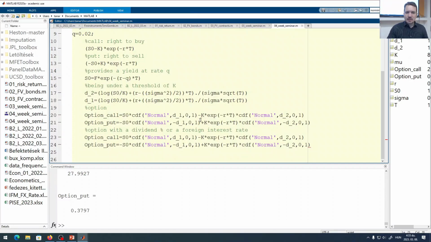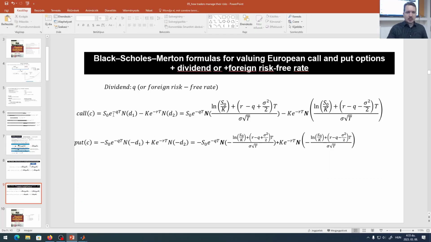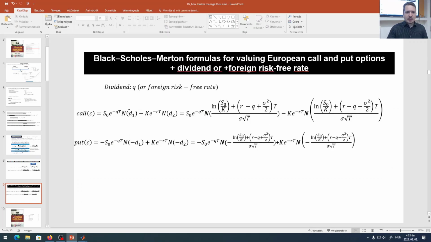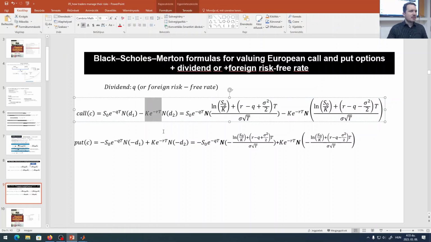So now we have the growth rate, but now this is not R, this is Q. Q, Q. And after that everything remains the same, so we can see that we don't have to care about the targeted values in the future, it's there.